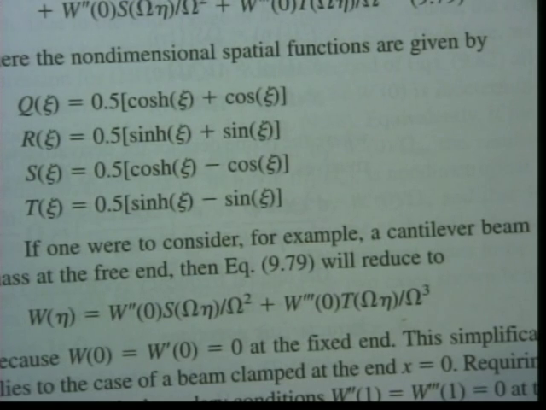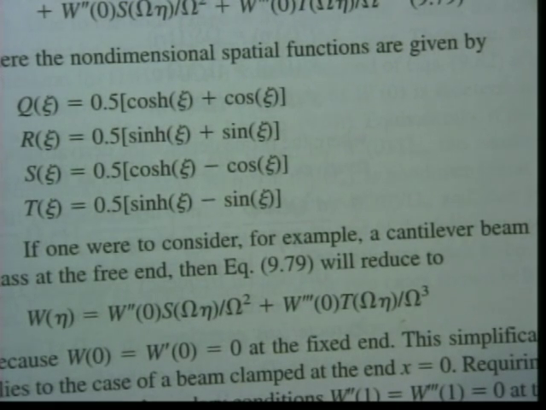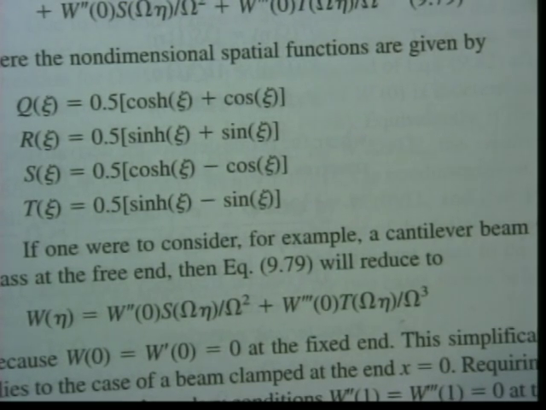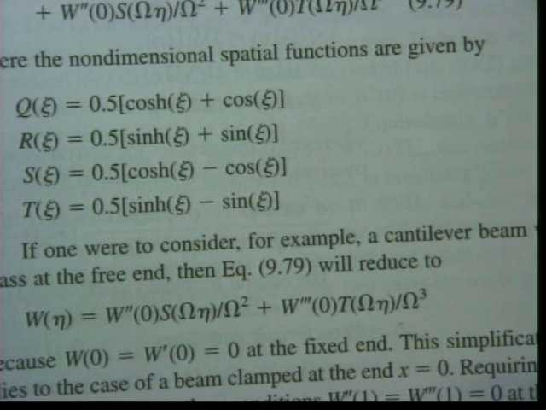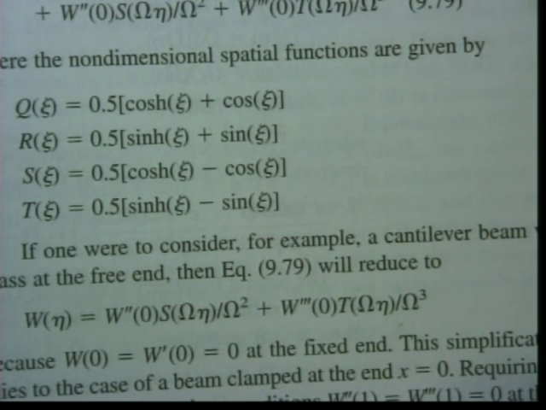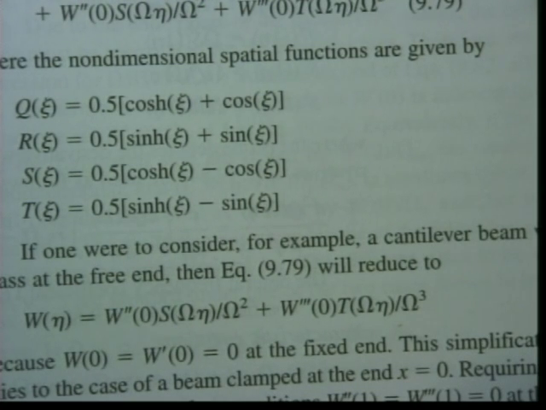But that is not that important, I mean, the name. The main thing is that these authors are using these functions, which are very useful. So you may want to write K1 equals Q, K2 equals R, K3 equals S, and K4 equals T.